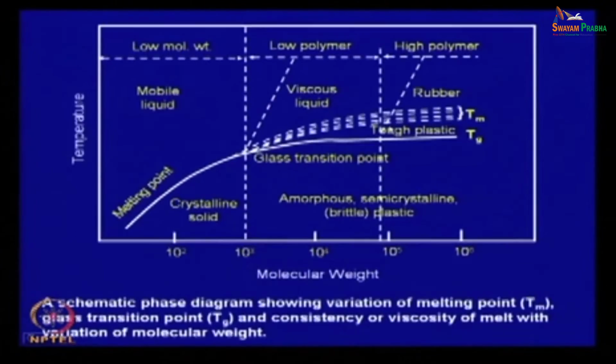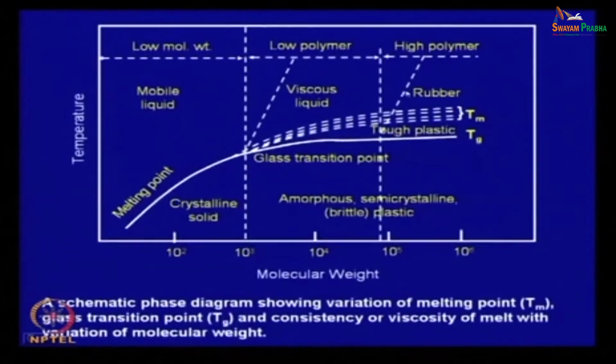So, it can absorb the shock, it can absorb the impact load, and this will continue till the melting transition. Beyond the melting transition, it can be a mobile liquid, maybe a viscous liquid. So again, that is related to the molecular weight of the polymer also.